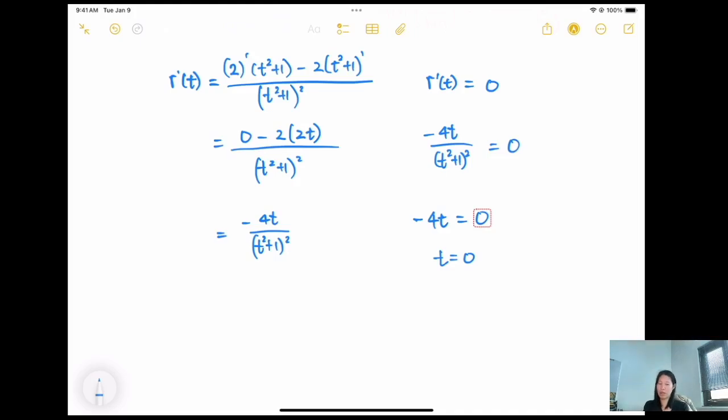Now, we still need to test whether this is a maximum or minimum. Now, we take the second derivative. Again, we need to apply the quotient rule.